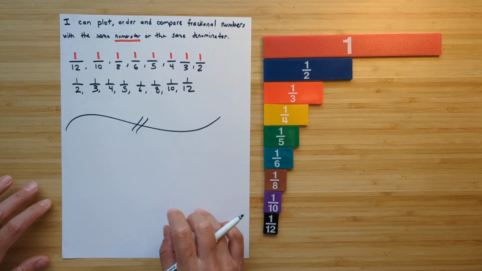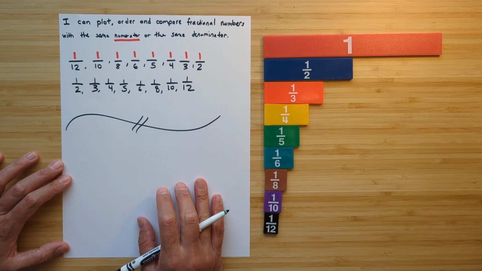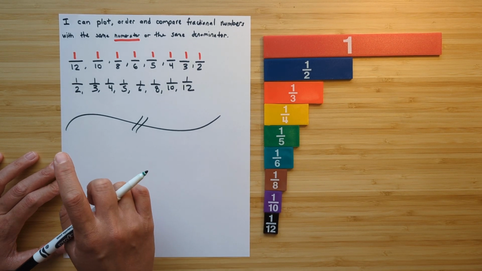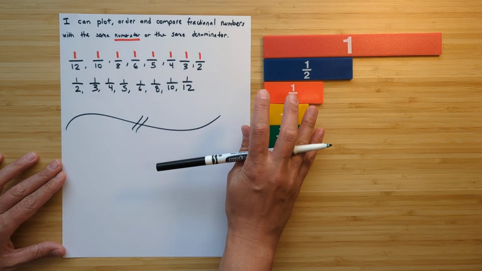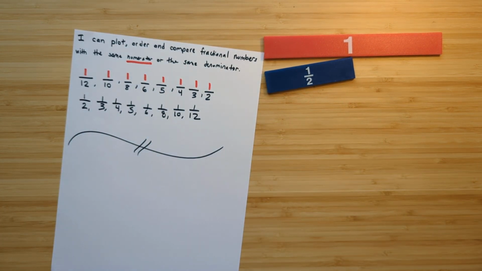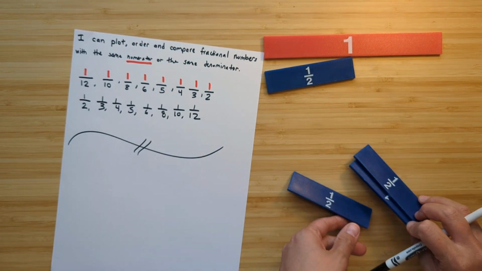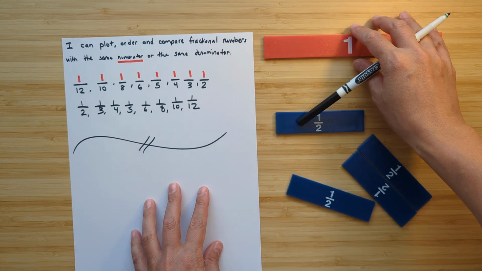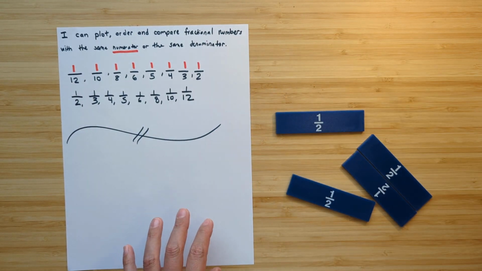Now let's look at the other way around. So let's say this time we're going to use just a few, just to save a little bit of time. This time we're going to look at halves. We don't have to keep that there, it's okay.